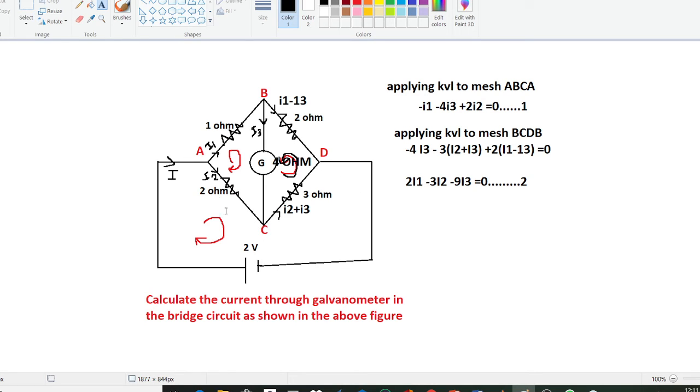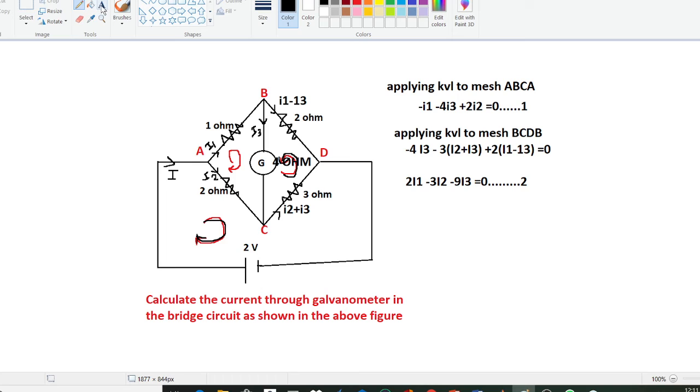Here we will assume this as a third mesh, and the current is flowing in these directions in this way. So this is our third mesh.